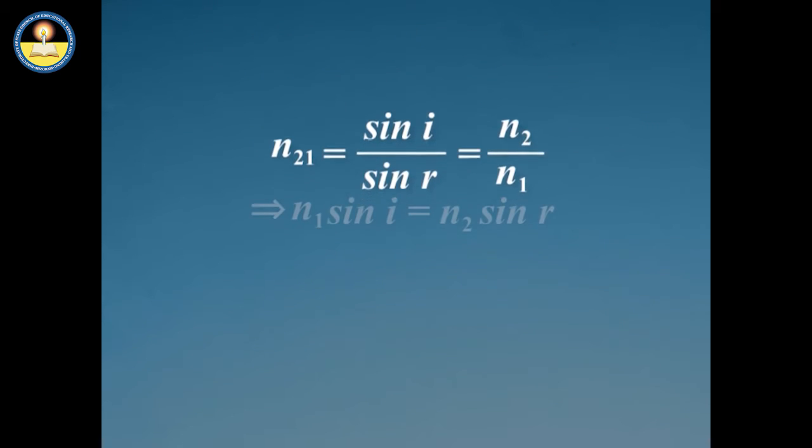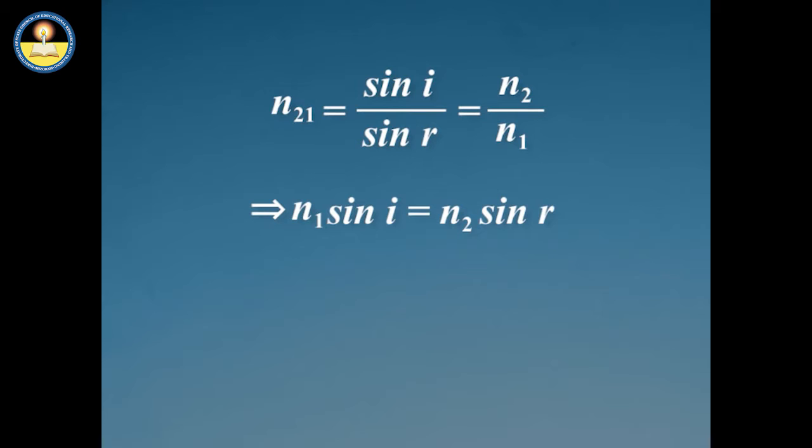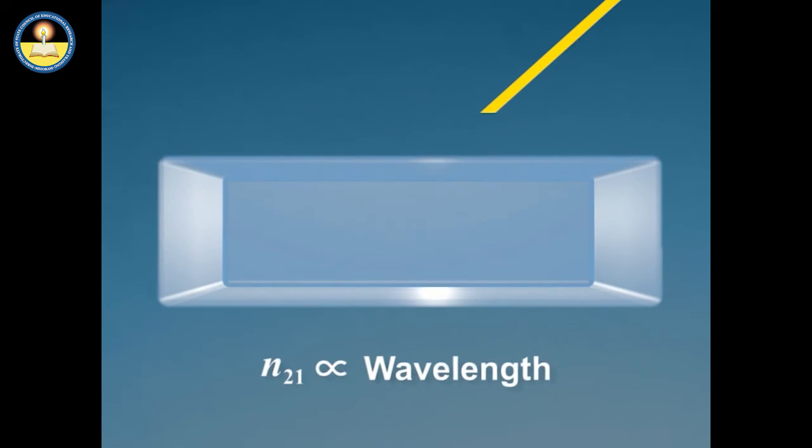In other words, the product of the sine of the angle of incidence with the absolute refractive index of the first medium is equal to the product of the sine of the angle of refraction with the absolute refractive index of the second medium. While dealing with refractive index, it should be kept in mind that the refractive index does not depend on the angles of incidence and refraction, but it depends on the wavelength of the light.